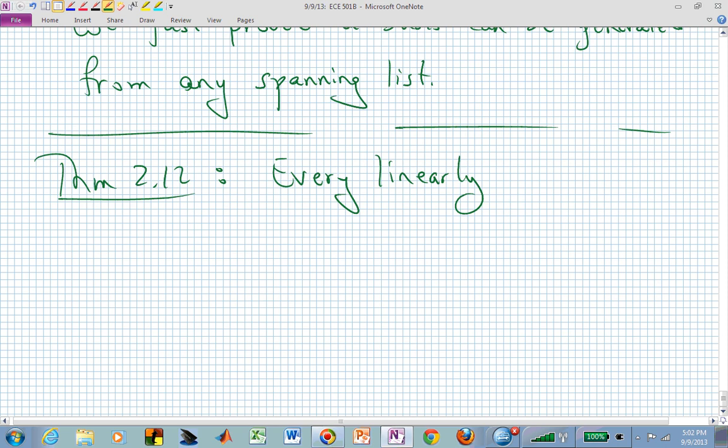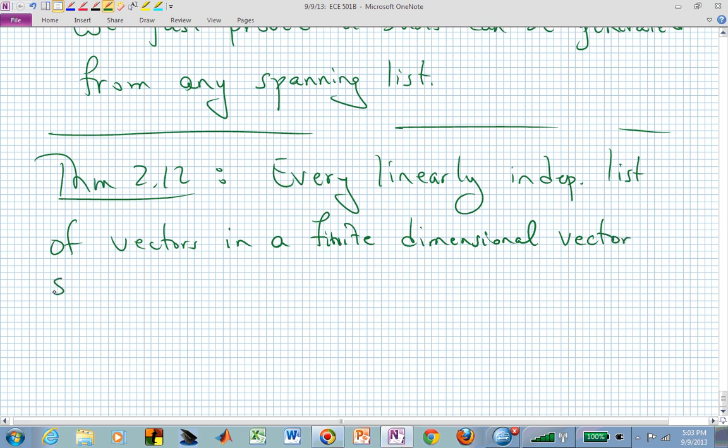And that's what this theorem says we can do. So Theorem 212 says every linearly independent list of vectors in a finite dimensional vector space, now we're extending and not reducing.